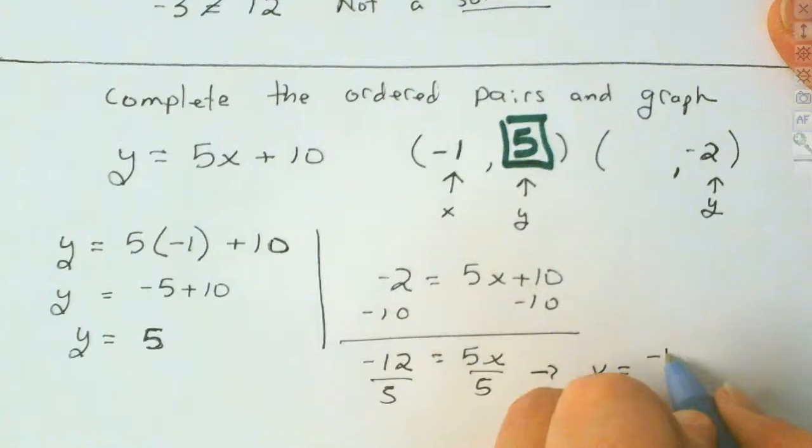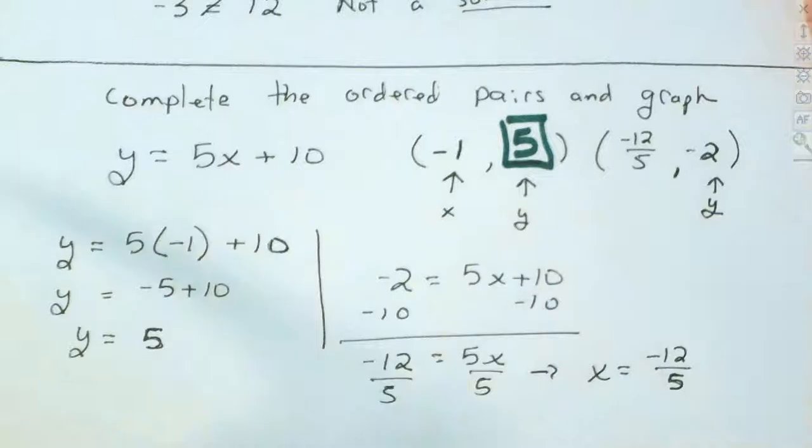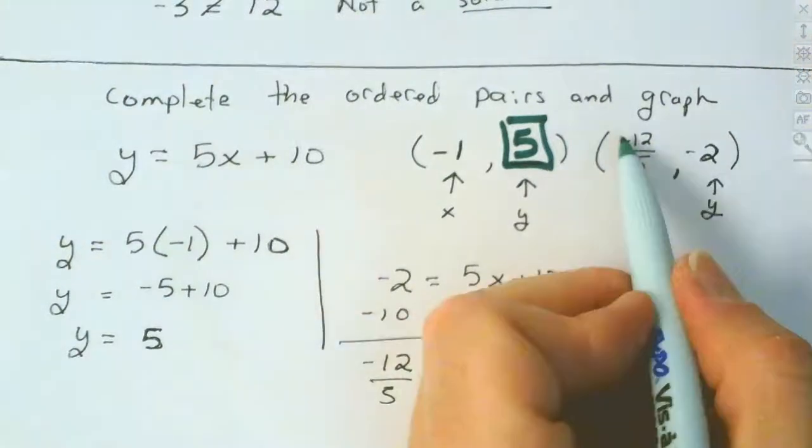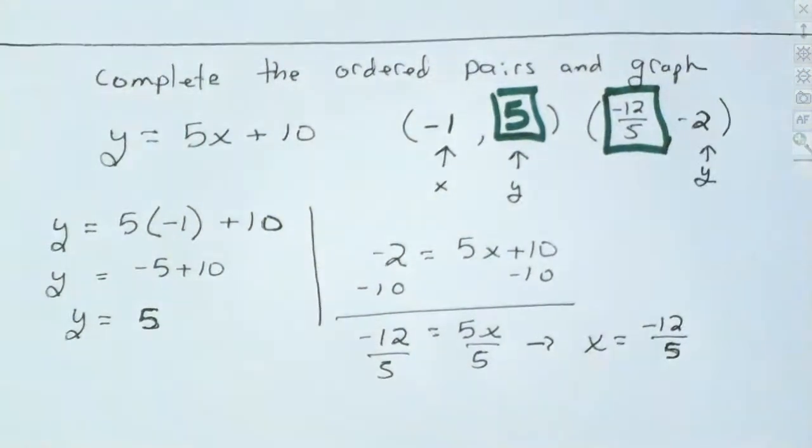Well, x is now going to be negative 12 over what? Positive 5. So we found the x value by plugging in the y value. Now, when we go to plot a fraction, we get the decimal equivalent and we try to see where it belongs. Okay, so we're going to get the decimal equivalent and we're going to pick the closest point to it.